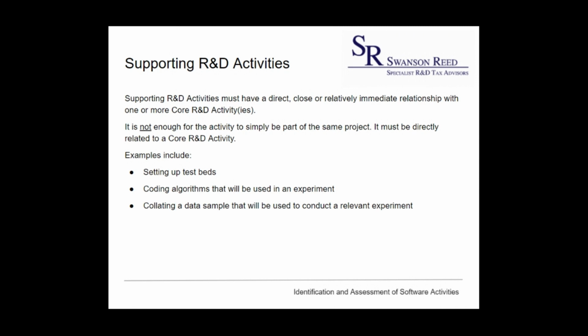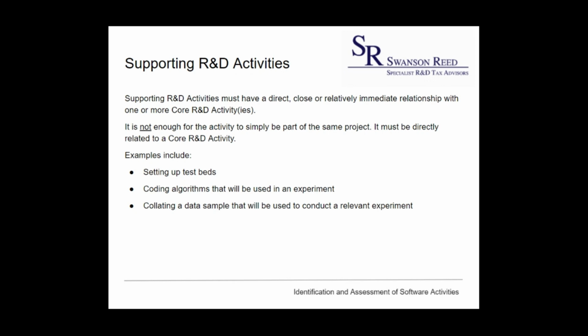Activities that make a direct contribution to the conduct or evaluation of the experiment are likely to meet this requirement. You cannot, however, claim for a supporting R&D activity that is not directly related to an eligible core R&D activity. It's not enough for the activity to simply be part of the same project. It must be directly related to a specific and nominated core R&D activity.